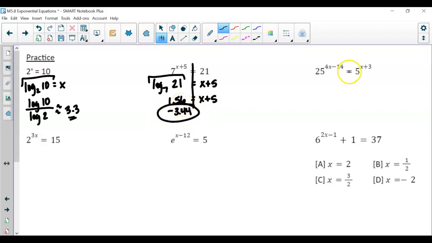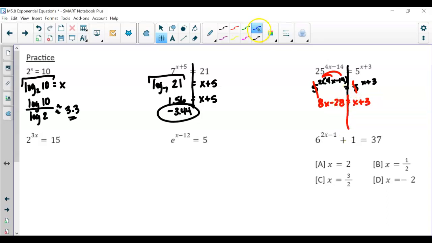So then here, this is practicing converting so that they have the same base. So I'm going to bring down 5 to the x plus 3, but write 25 as a base 5. So 5 to the second power, then 4x minus 14. So now bases are the same, cancel out, distribute. So you've got 8x minus 28 is equal to x plus 3.